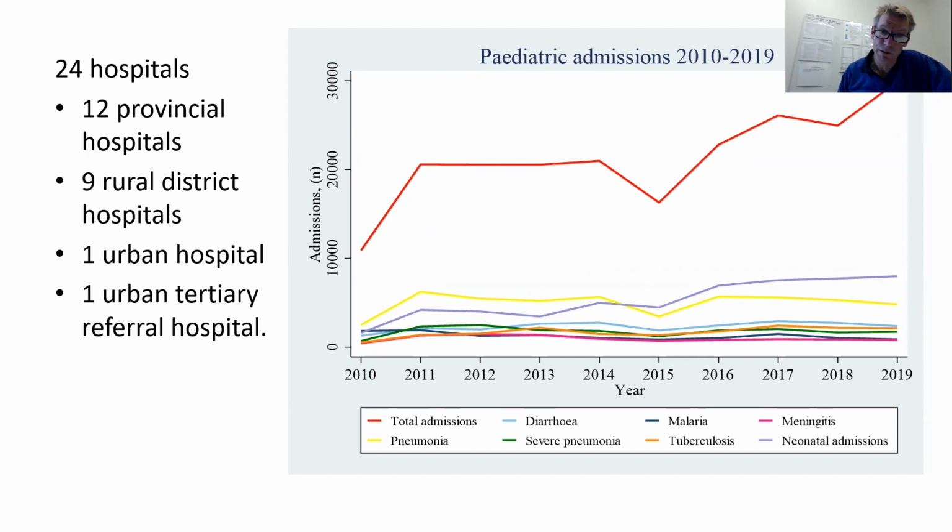But I do think it tells us some things. There's been a general increase in the number of admissions reported in the PHR, but some of the diseases haven't increased so much. They're still very high, so still large numbers, pneumonia, for example, but they haven't increased at the same rate as the overall number of admissions. So you've got here pneumonia and malaria in a sort of green color here, meningitis in the pink, and mostly those admissions have been static and stable.